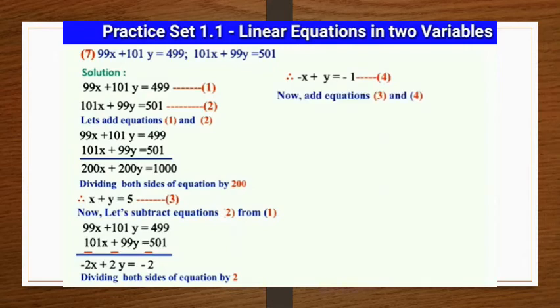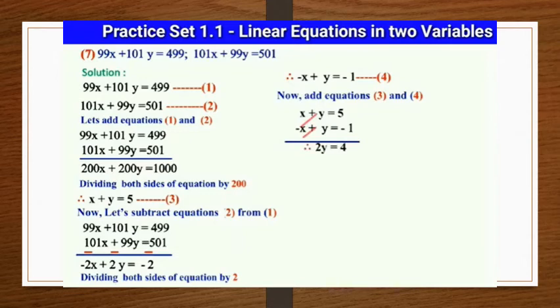Now add equations 3 and 4. x plus y is equal to 5. Minus x plus y is equal to minus 1. When we add them, variables with opposite signs get cancelled. So plus x minus x gets cancelled.